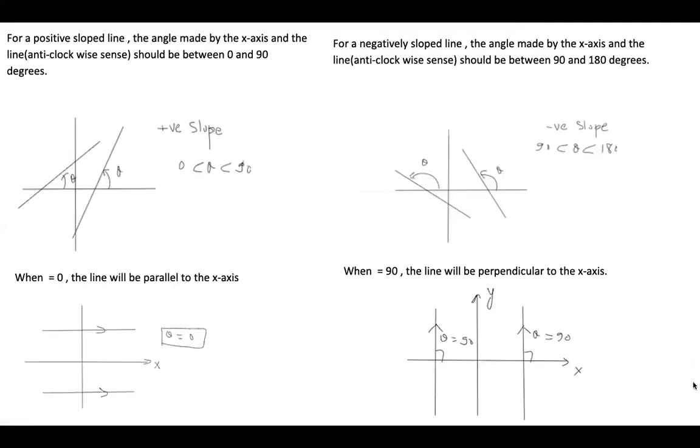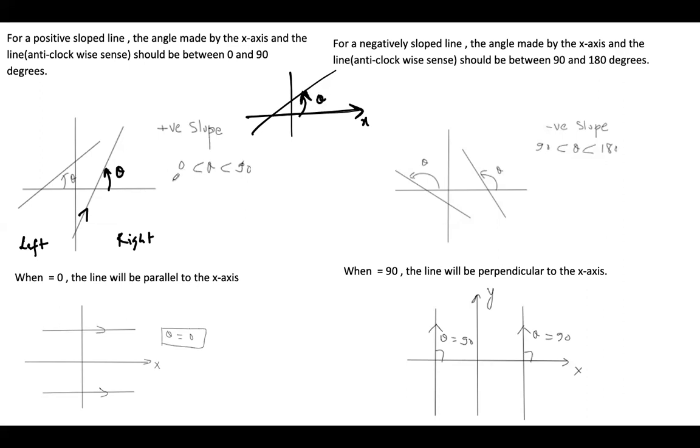All right, so here are some concepts. For example, if a line is like this, from left to right, as you can see the line is going upwards, correct? And what is this angle? Whenever I am saying the line makes an angle 30 degree, I'm saying with respect to positive x-axis in the anti-clockwise direction.